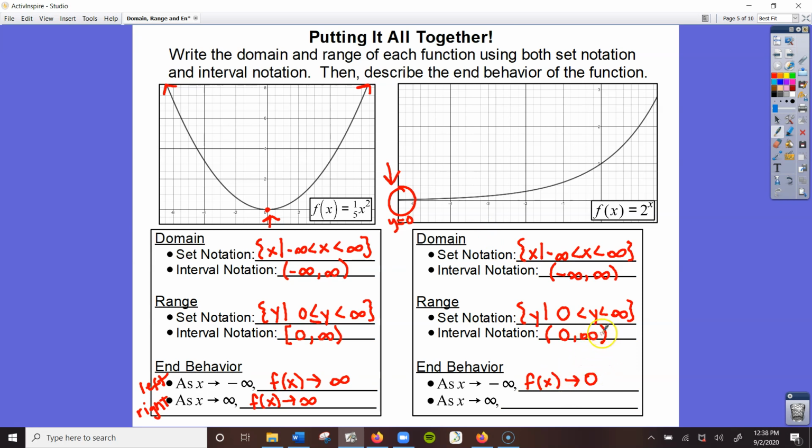Notice that your end behavior matches your range, right? This represents the left side, and this represents the right side. So now as x is approaching positive infinity, we would put that f of x is approaching, and I look at the right side and you see it's going up forever, so I would put positive infinity.